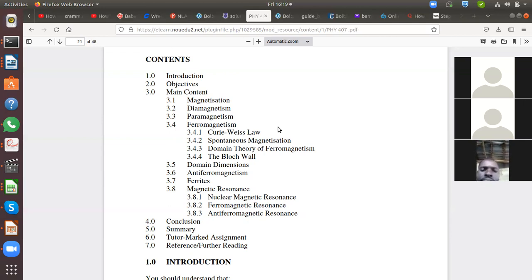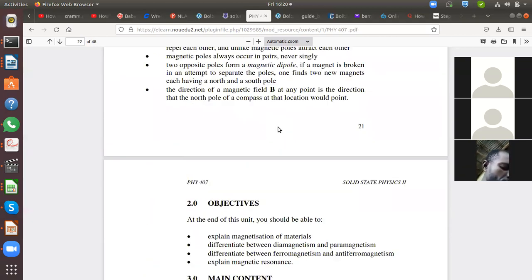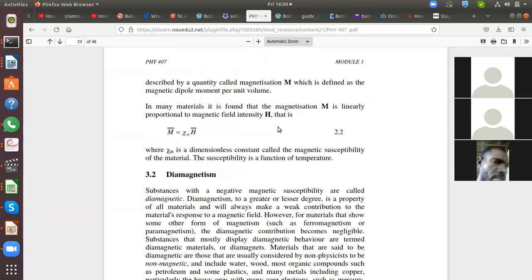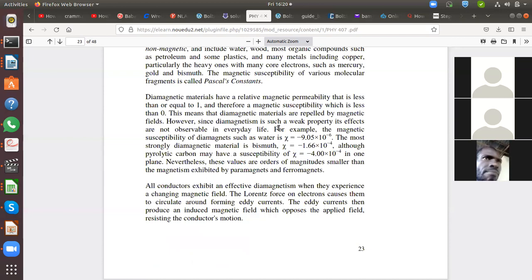What is the relationship between paramagnetism and ferromagnetism in terms of susceptibility of the material? All these concepts will guide us to have good knowledge of this aspect. We shall discuss all this, and hopefully by the end of the 6 weeks, we should be in a better position to say, when they talk about magnetic property of material, at least I know one or two things.